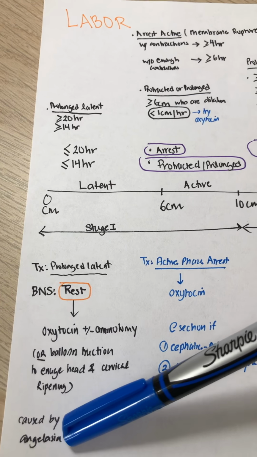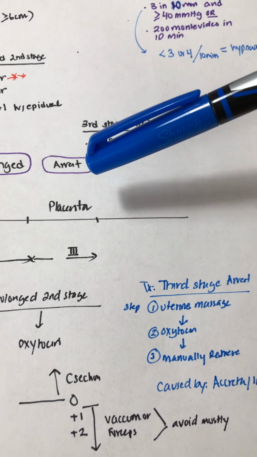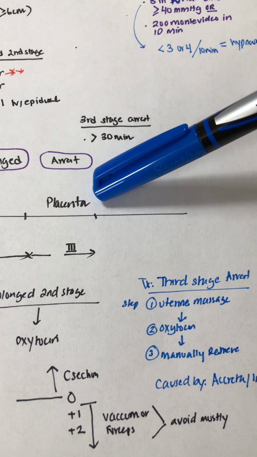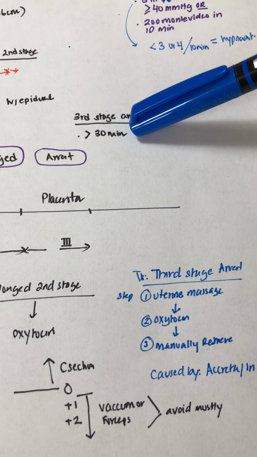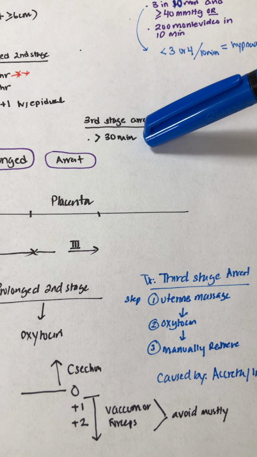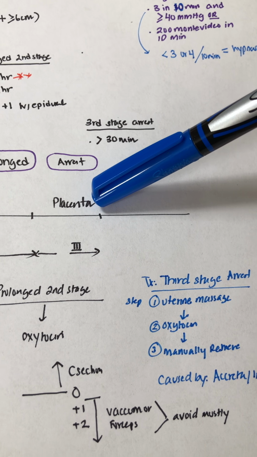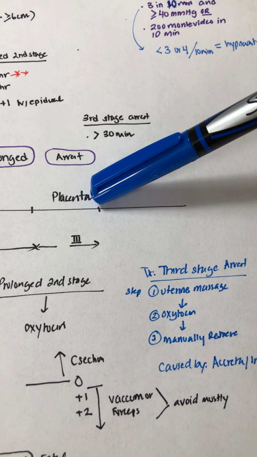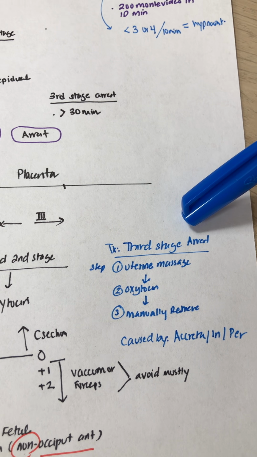After the latent stage, the next easy one is placenta arrest. The placenta arrest happens when the baby is out and the mom is pushing for more than 30 minutes and the placenta has not come out. In that case, that is said to be a third stage arrest.